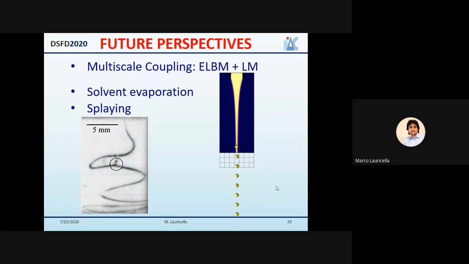On the other hand, we have the Lagrangian model, which is a versatile tool able to investigate the jet far from the nozzle and close to the collector, and which was successfully shown to describe the bending instability, with a low cost in terms of computational core hours.